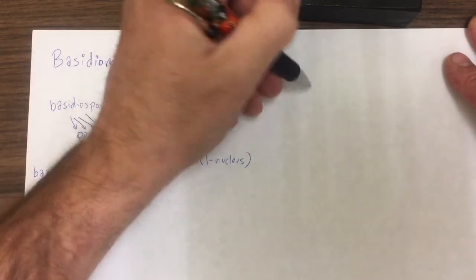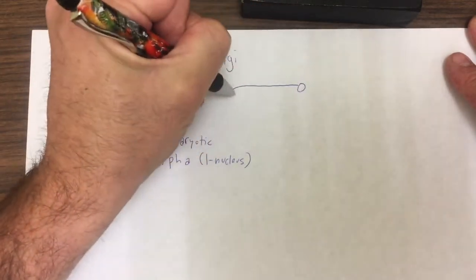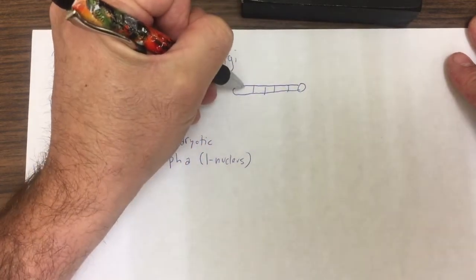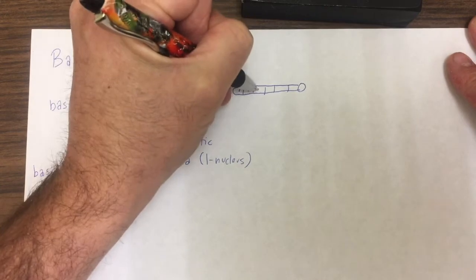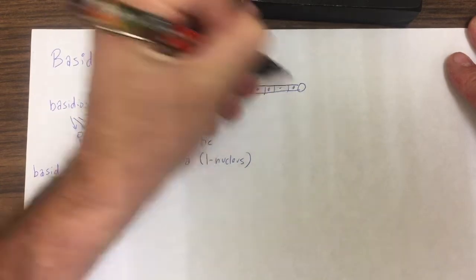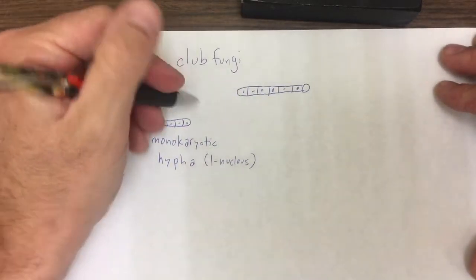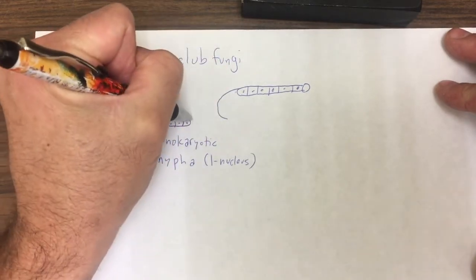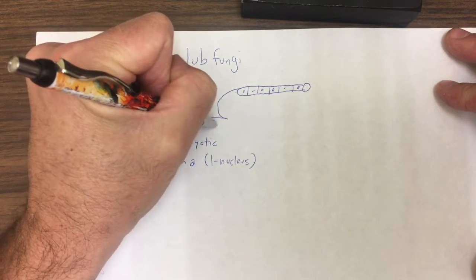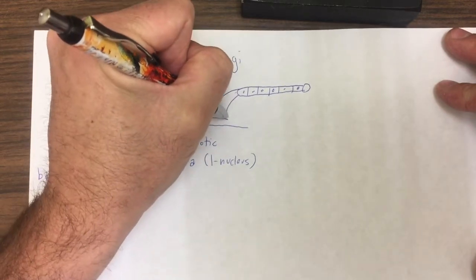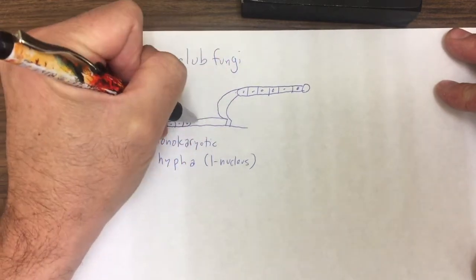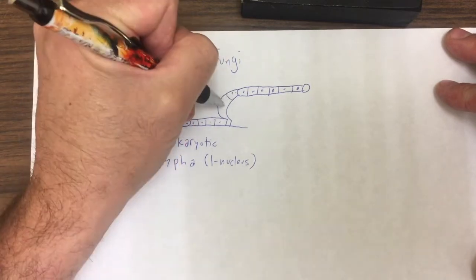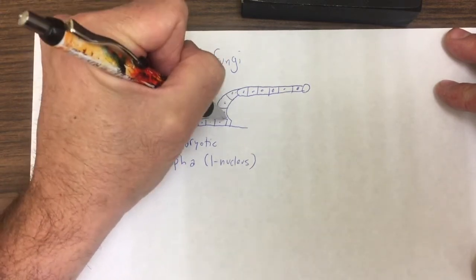So what often happens in the basidiomycetes is that 2 monokarya may fuse together to form, can you guess before I draw it?